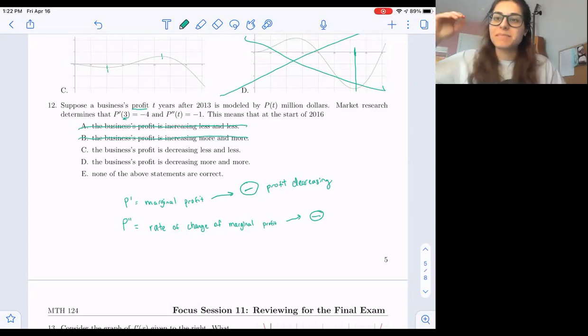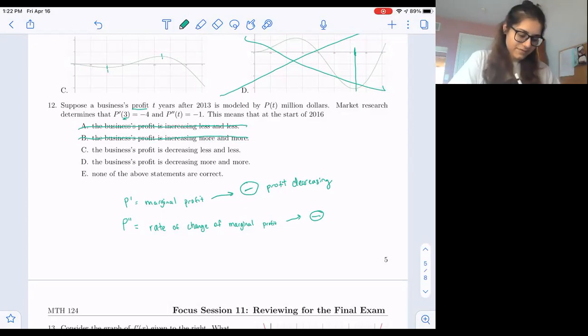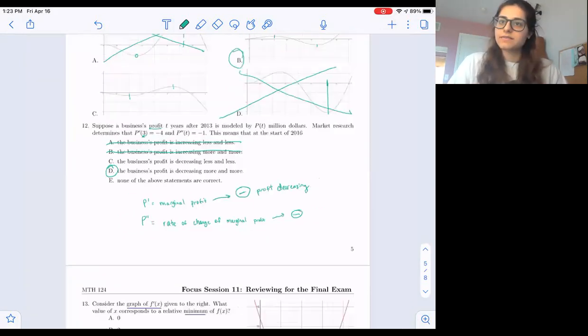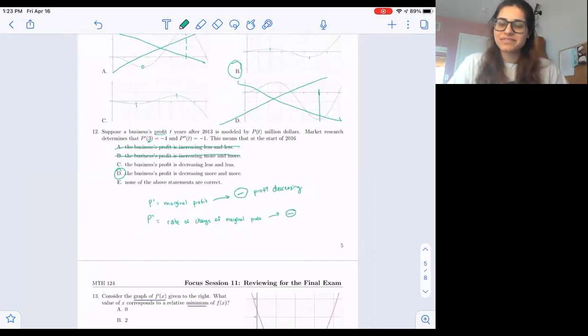It's negative and it's becoming more and more negative. So the profit is decreasing, and the rate at which it's decreasing is also decreasing. It's already negative, and the second derivative is telling us that it's becoming more and more negative with time. Okay, so that one's, again, kind of tough.